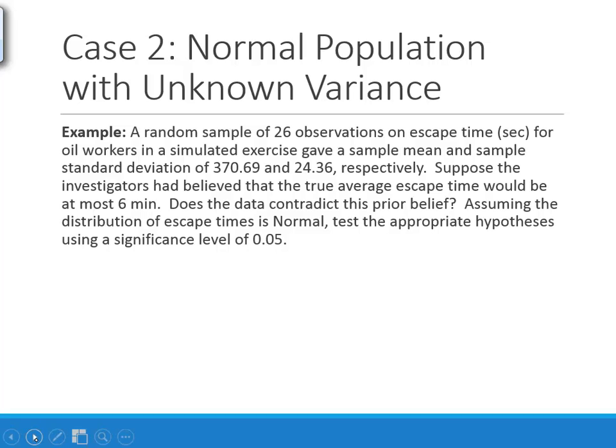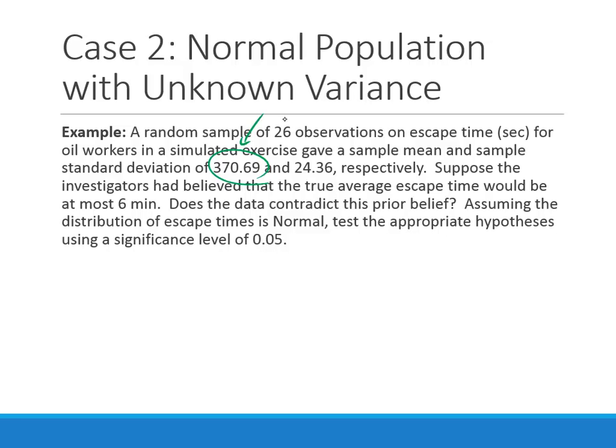Okay, quick example here. Now we're looking at a random sample of 26 observations on the escape time for oil workers in a simulated exercise. From this data we have a sample mean and sample standard deviation of 370.69 and 24.36. I don't know what this game was, but this is the data that we have here.